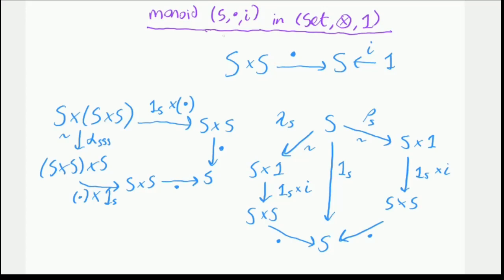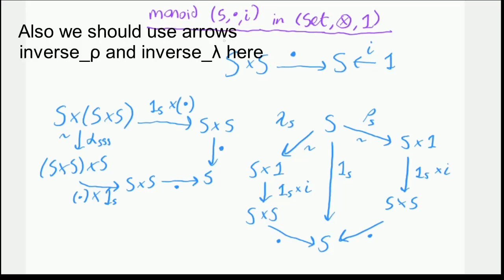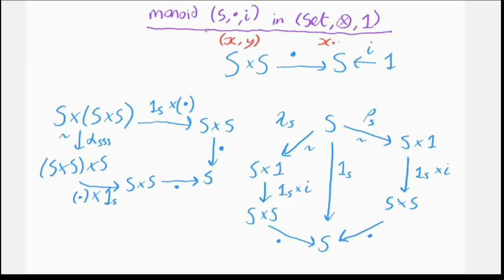So if we feed it the pair x comma y and we do dot, then we get x dot y. And I can also be thought of as a function.